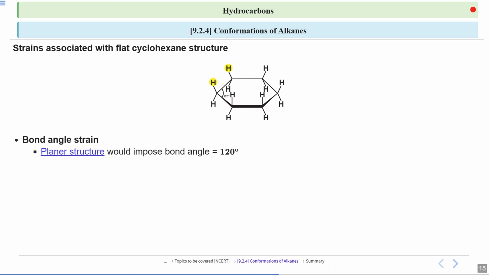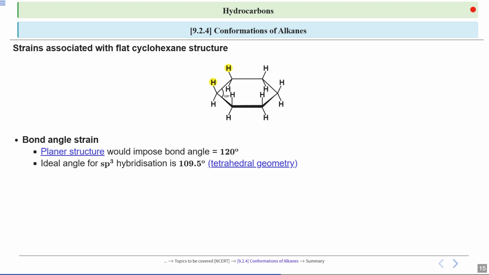So basically, if you see here, to make a perfect hexagon, your C-C-C should have a bond angle of 120 degrees. But you know that all the carbons that you are seeing in your normal cyclohexane have sp3 character.